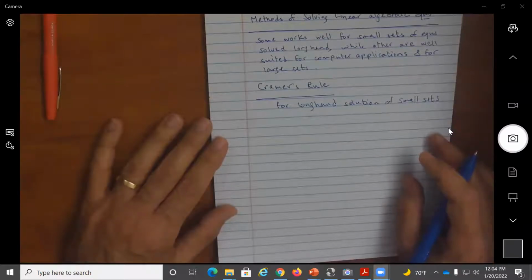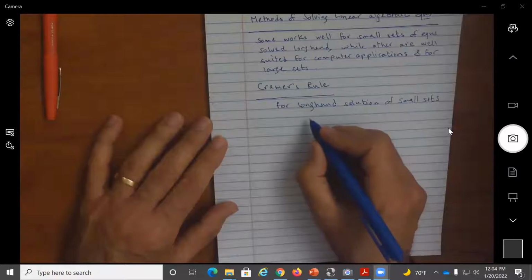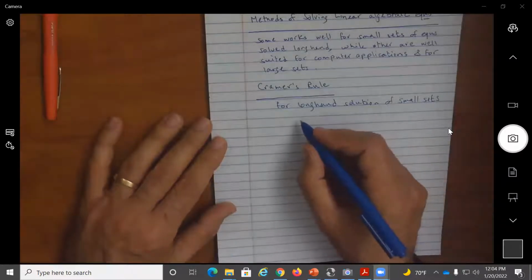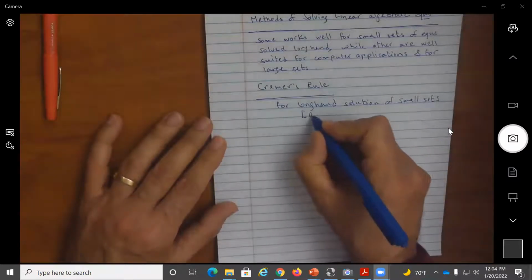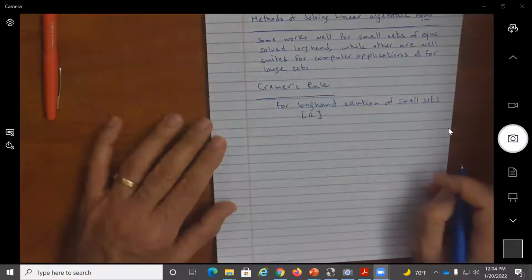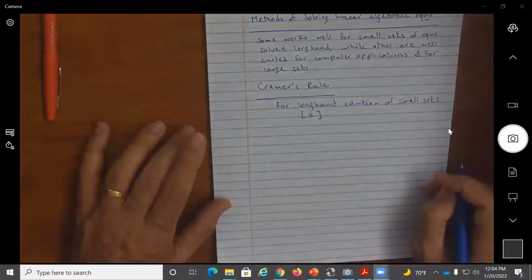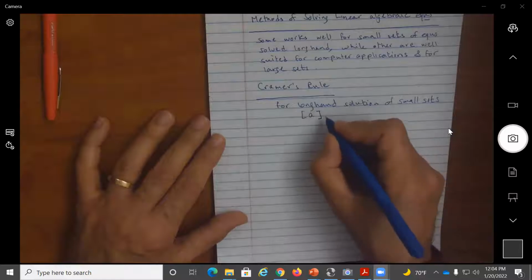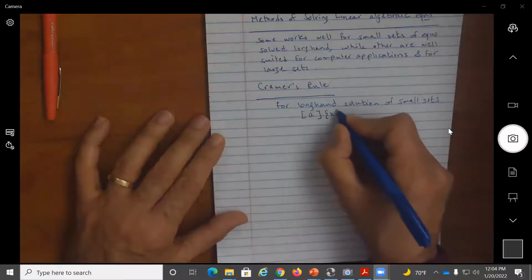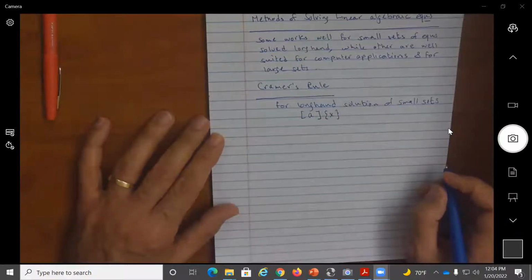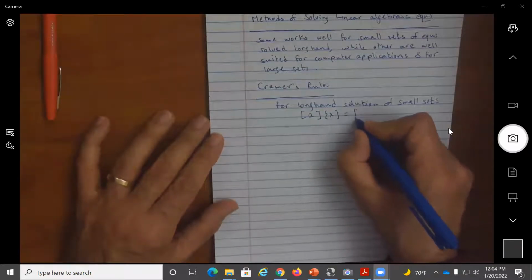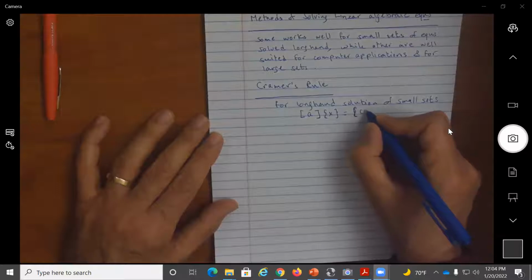So a set of algebraic simultaneous equations in matrix form may be described by A, the matrix of coefficients, multiplied by X, the unknowns, equal to C.